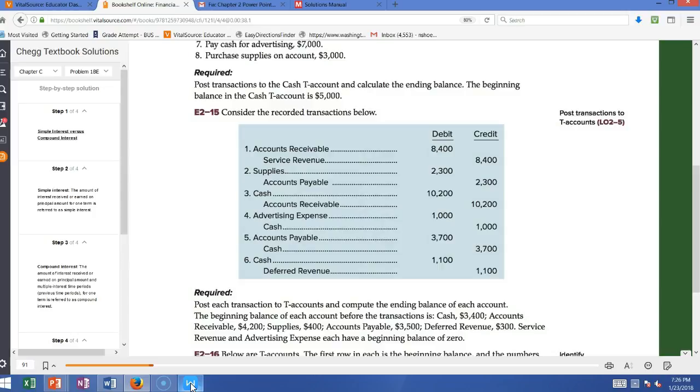Since accounts payable is a liability, the purpose of a liability shows who we owe money to. So once we go through these transactions, we're going to come up with ending balances. And an ending balance on accounts payable means that's how much we still owe to people.